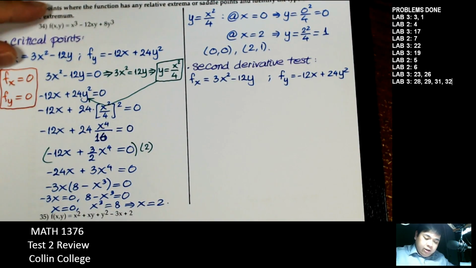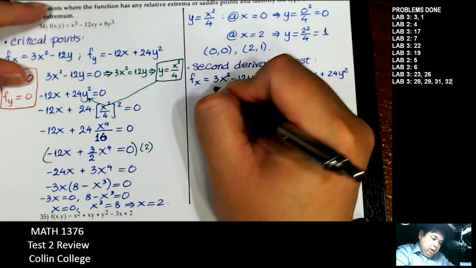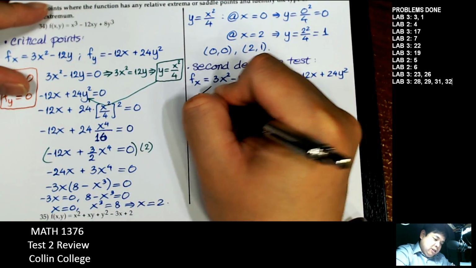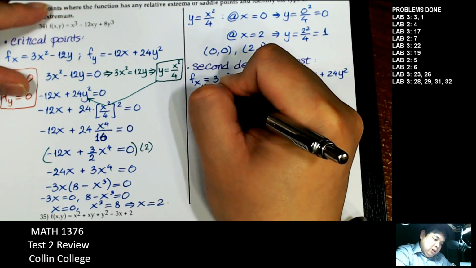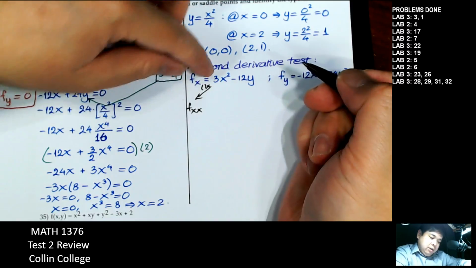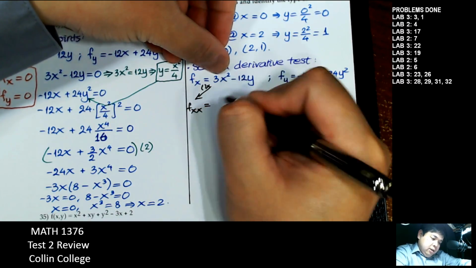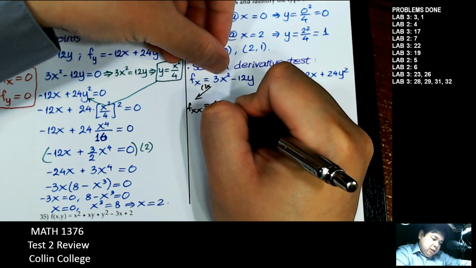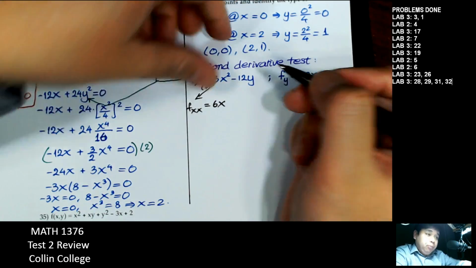So we take the derivative with respect to x. With respect to x, from here we have fxx will be 6x, and that's it.